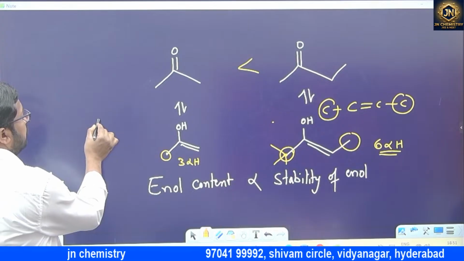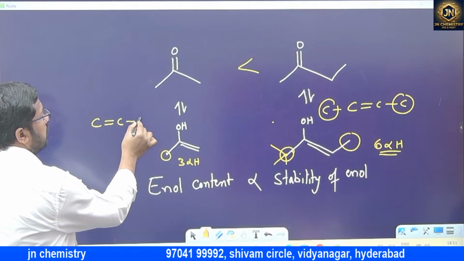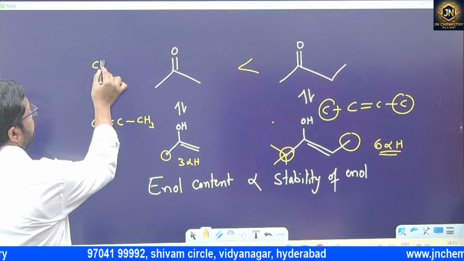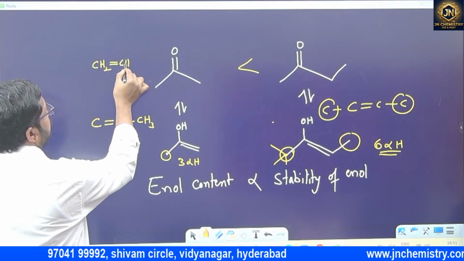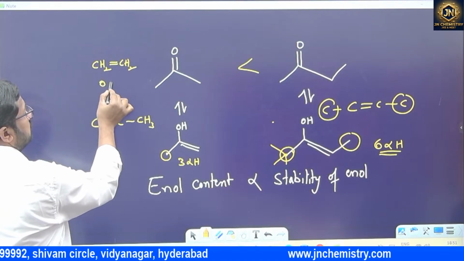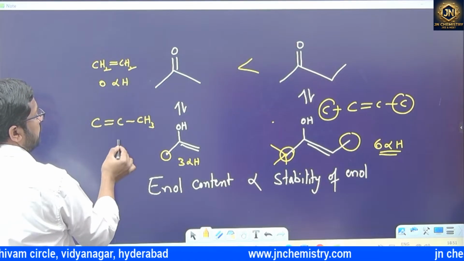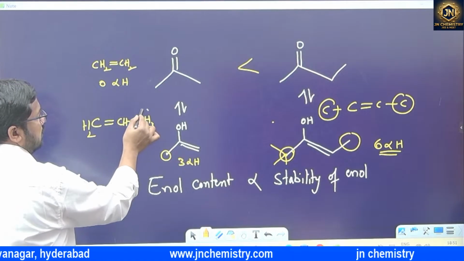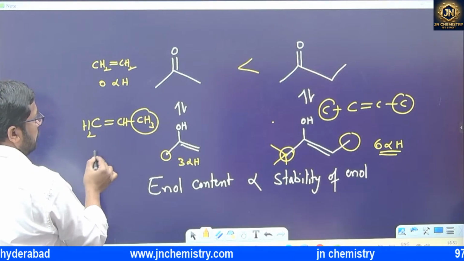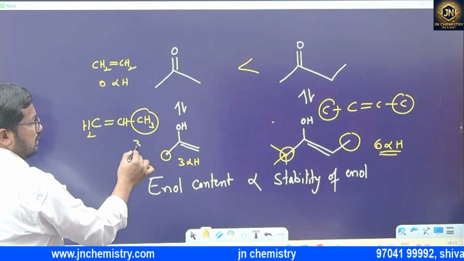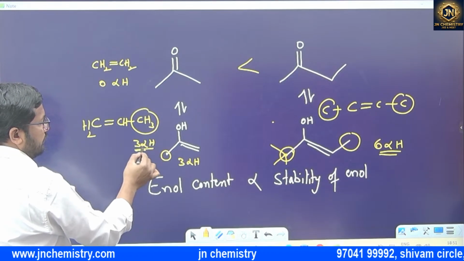Alpha hydrogen means: the carbon next to the double bond is called alpha carbon, and the hydrogens on it are called alpha hydrogens. For example, CH2 double bond CH2 has no alpha carbons, so 0 alpha hydrogens. For example, CH3 here is the alpha carbon, the double bond adjacent carbon. So how many hydrogens are there? 3 alpha hydrogens.